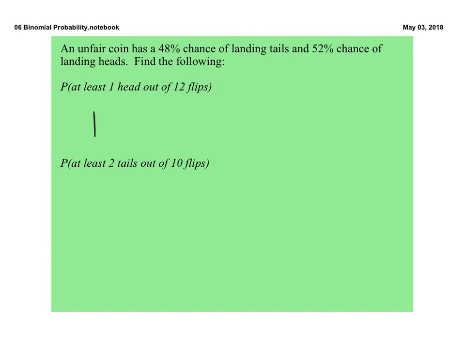Well, if we need at least 1 head out of 12 flips, 12 choose 0, or getting no heads, is the one situation in the whole tree diagram that's not going to work. So instead of adding up 11 different options, I could just take 1 minus the one option that doesn't work.